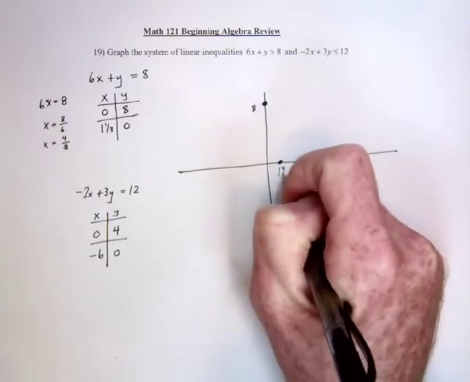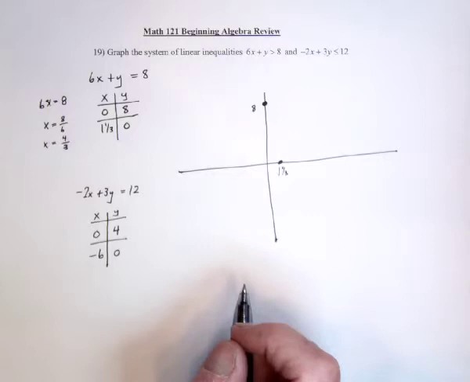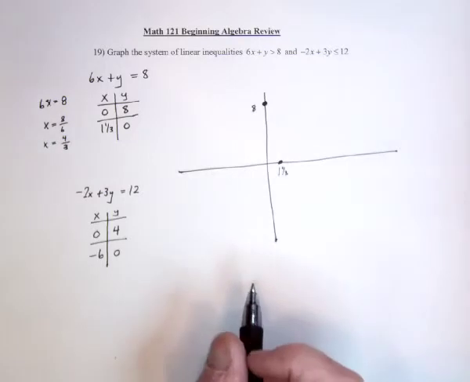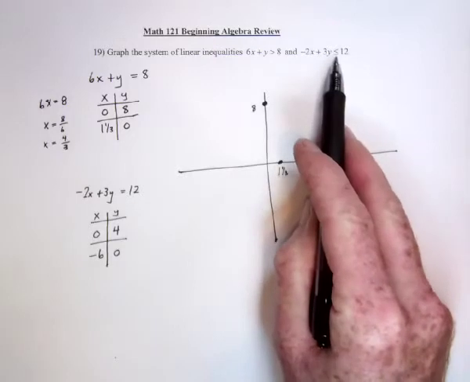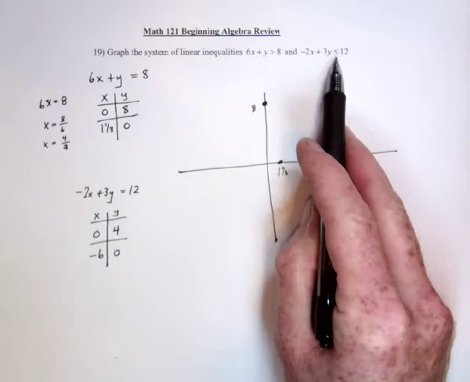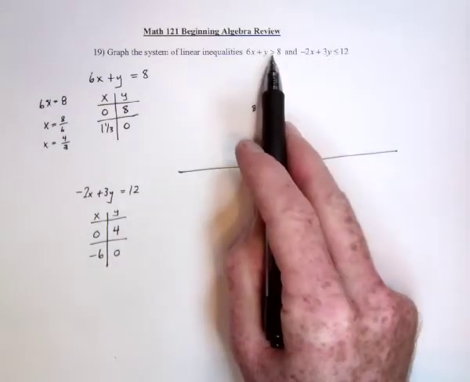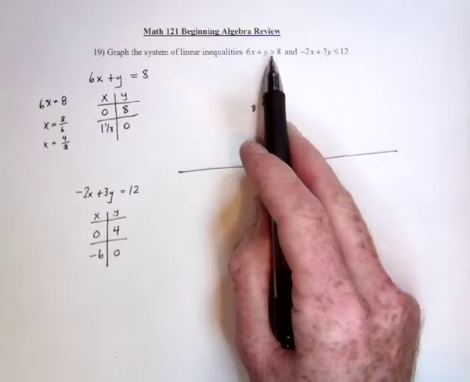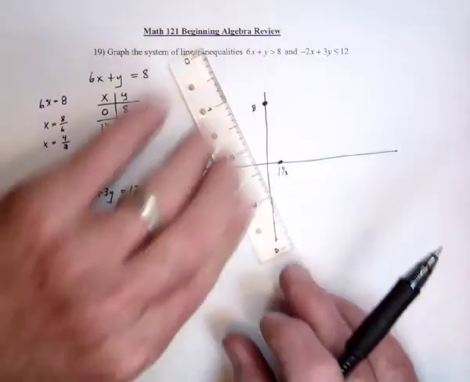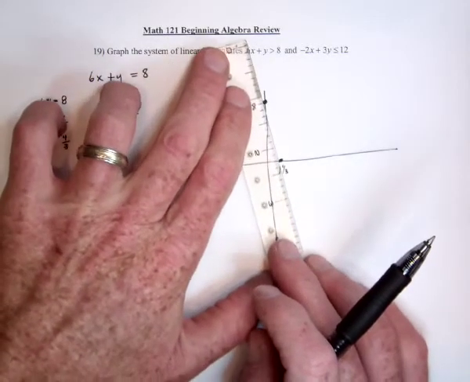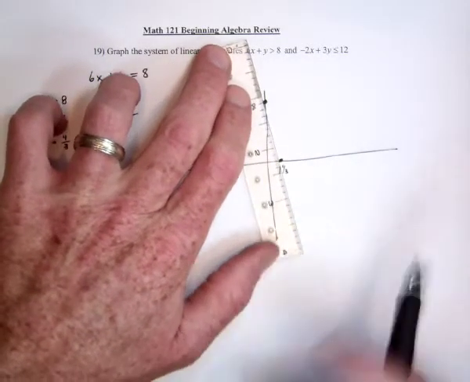And then for that line, well, when you're graphing inequalities, if it has an equals, as in less than or equal or bigger than or equal, then you'd use a solid line. If it doesn't have an equals, like this one is just bigger than, then we use a dotted line. So then I just need my little ruler here, and this one will be a dotted line.